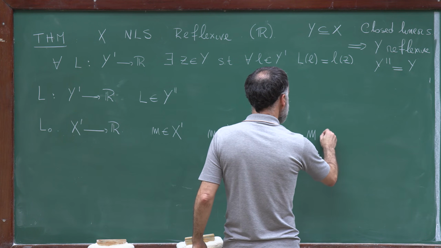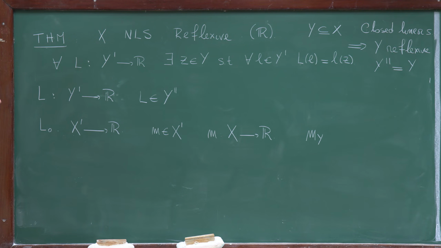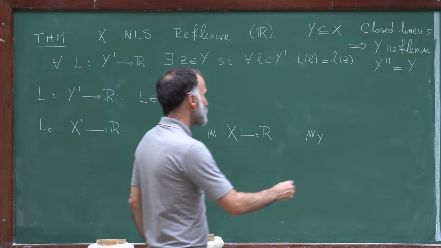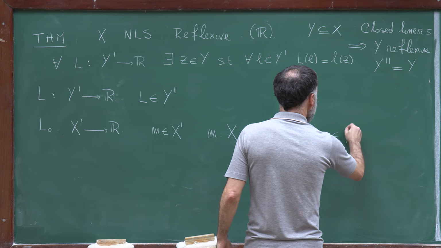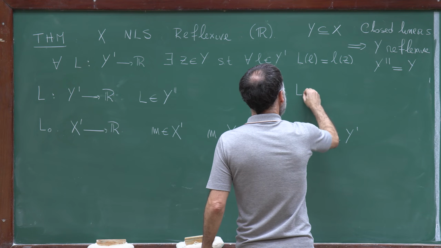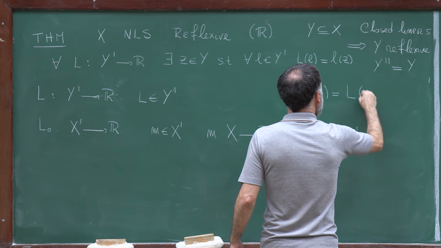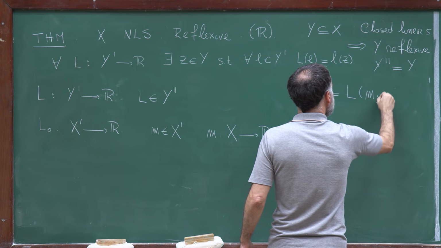We've seen that its restriction to Y, which is well defined, is represented by m_Y. So this is an element of Y prime. And so I will define L0 of m as L of m_Y.